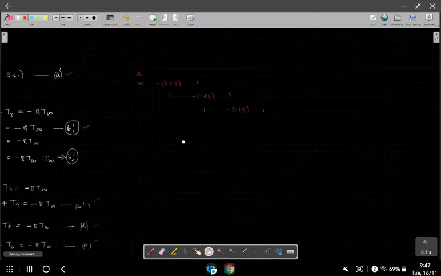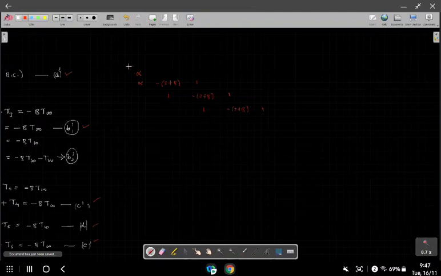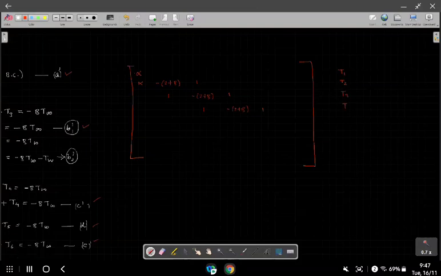If you keep on adding, you will get terms like this: a matrix term, related to T1, T2, T3, T4, and likewise up to Tn plus 1.